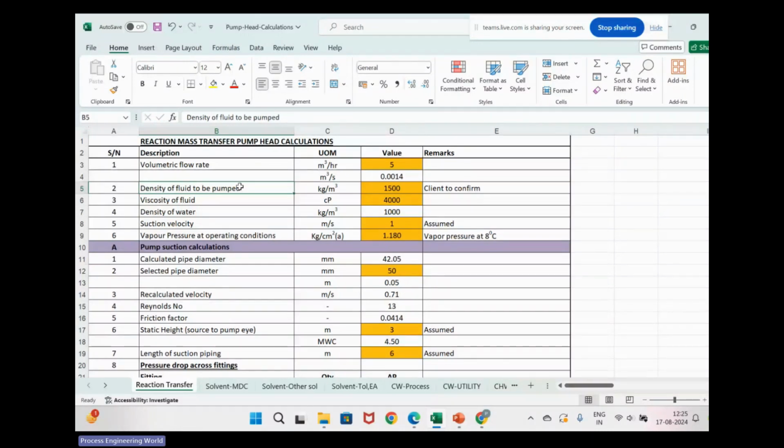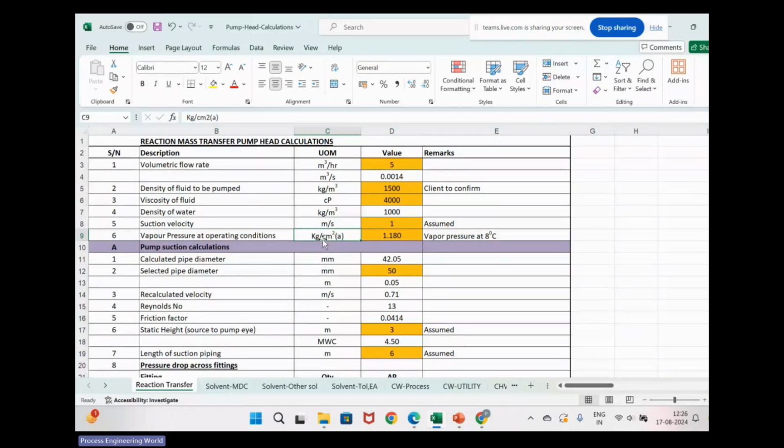Okay, see, this is the basic pump hydraulic or pump head calculation sheet. Just note down a few points, the formulas and the assumptions, what you need to do while doing pump hydraulics or calculating pump heads.